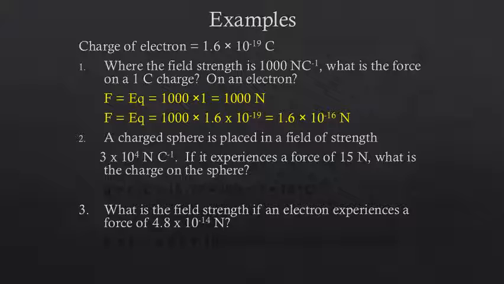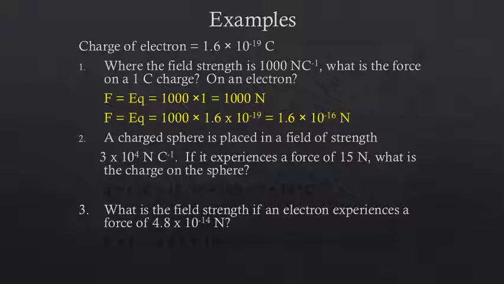So that gives a force of 1000 newtons, rather massive. Whereas the charge of an electron is a lot smaller, so the force again equals E times Q, 1000, the field strength, times 1.6 times 10 to the negative 19, which is the charge on an individual electron, which gives an overall force of 1.6 times 10 to the negative 16 newtons. So you can see that because the electron's charge is small, the force exerted is a lot smaller.